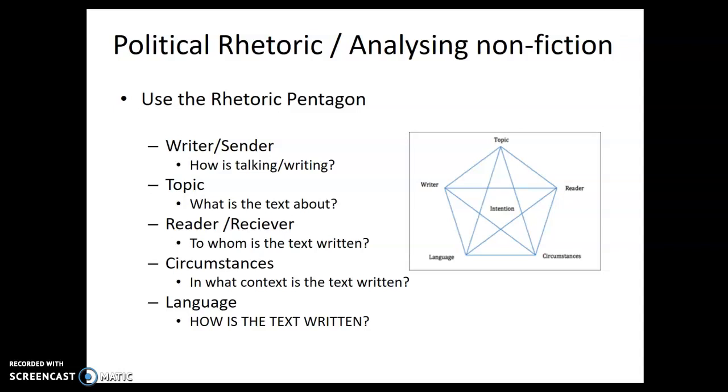Another thing that's very important when working with political speeches is to think about who the writer is politically. Is it, in an American text, a Republican or a Democrat?